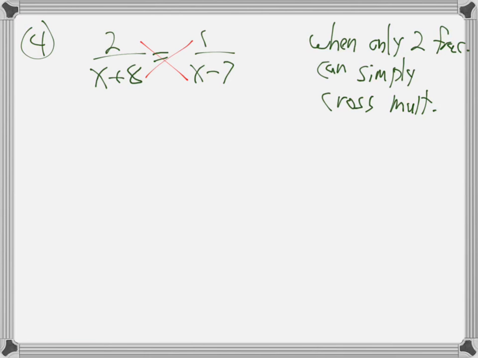If you just have 2 fractions, you don't have to even think about LCD and all that stuff. When you have 2 equal fractions, the equals is important, you can just go diagonal like we did on those slope problems. So we get 2x minus 7, 1, x plus 8, like that.